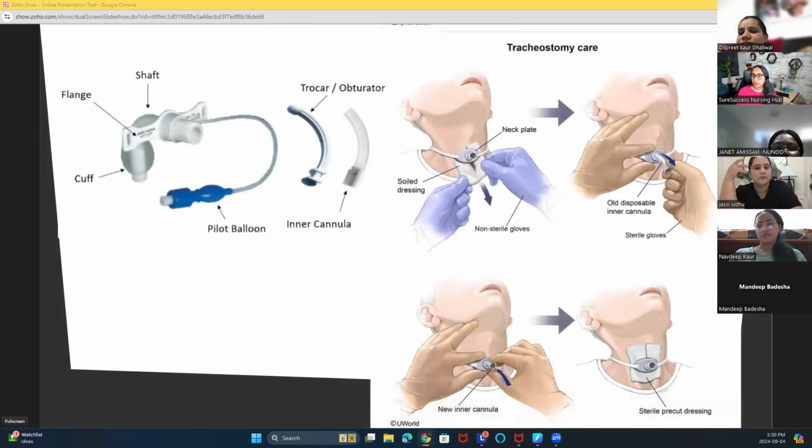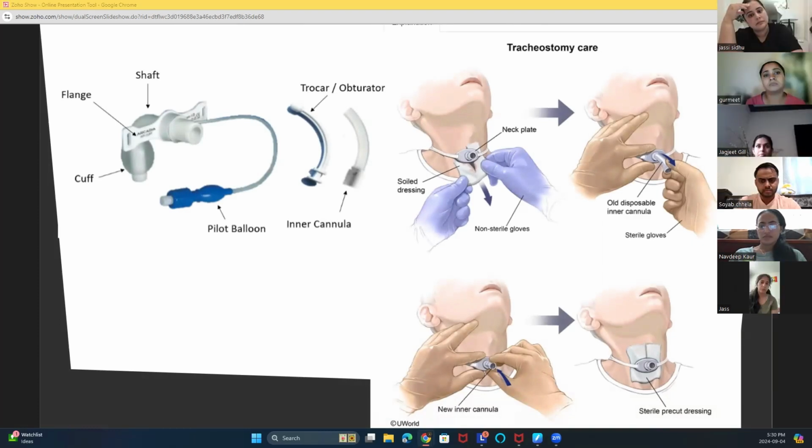I have seen a patient who has a tracheostomy, but then he puts his finger in the front and he is able to speak. How is that? When he puts the finger, now when he's talking, where is the air going?